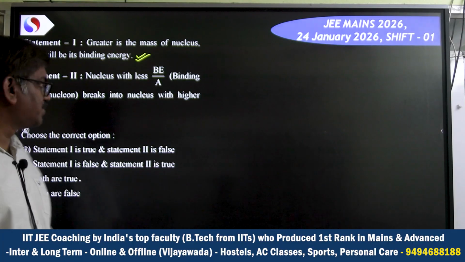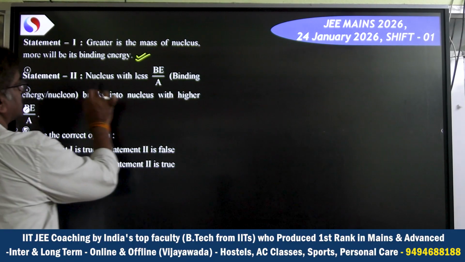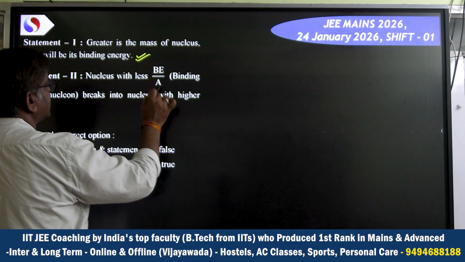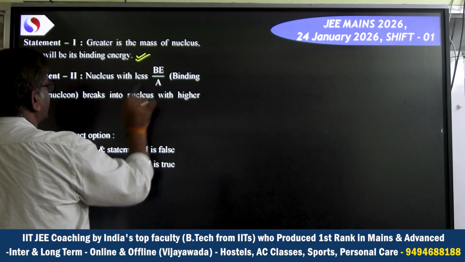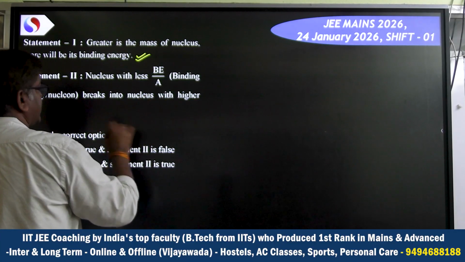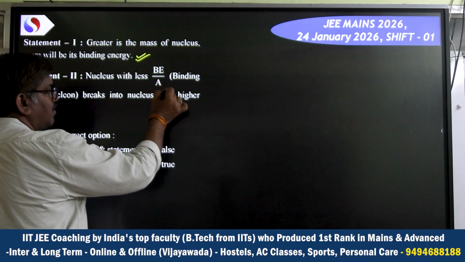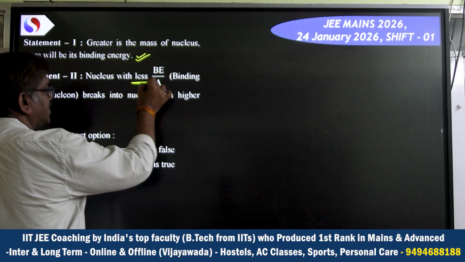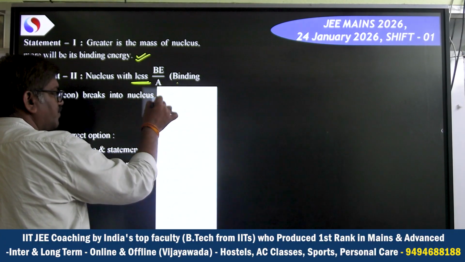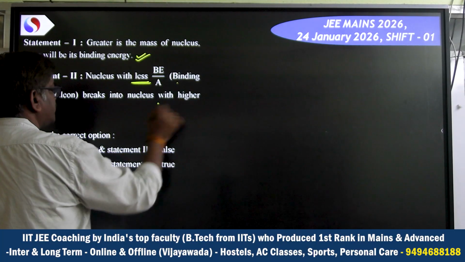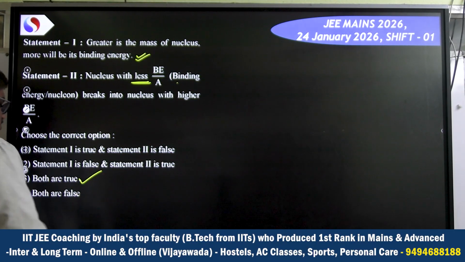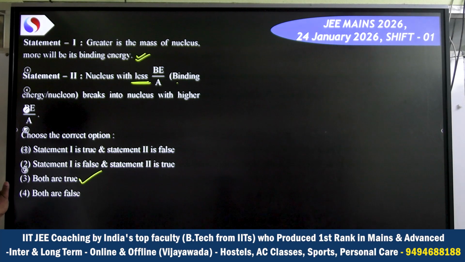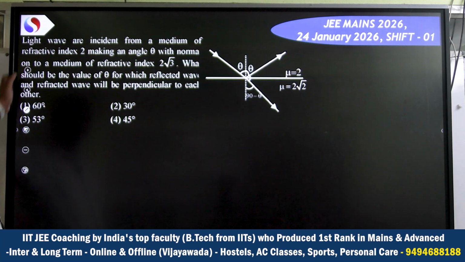That's why it is unstable, which they are explaining in the next option. A nucleus with lower binding energy per nucleon breaks into nuclei with higher. So if the binding energy per nucleon is less, it is unstable, and it wants to move to the stable one, which has higher binding energy per nucleon. So both the options are true here.